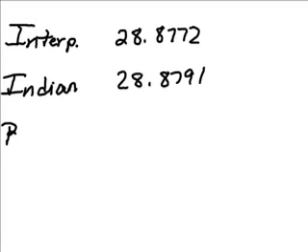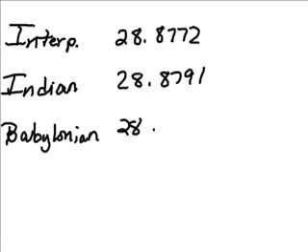And when I used the Babylonian method, I ended up with 28.8787. And it's interesting that these numbers, if you rounded them to the nearest hundredths place, would all be 28.88. So they're all very, very close. Certainly interpolation is the easiest of the methods.